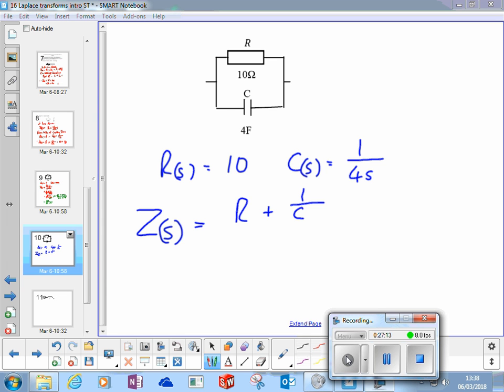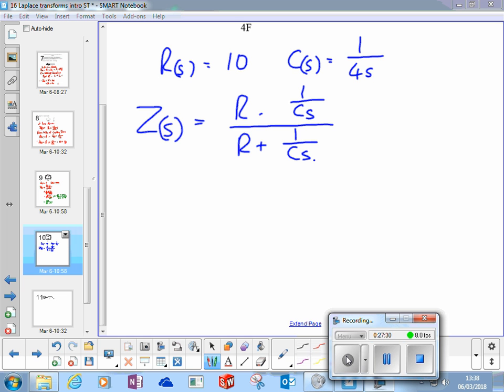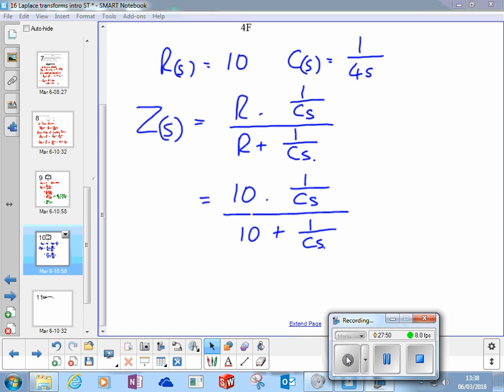R times 1 over CS, and so therefore when we put the numbers in we get 10 times 1 over CS divided by 10 plus 1 over CS.